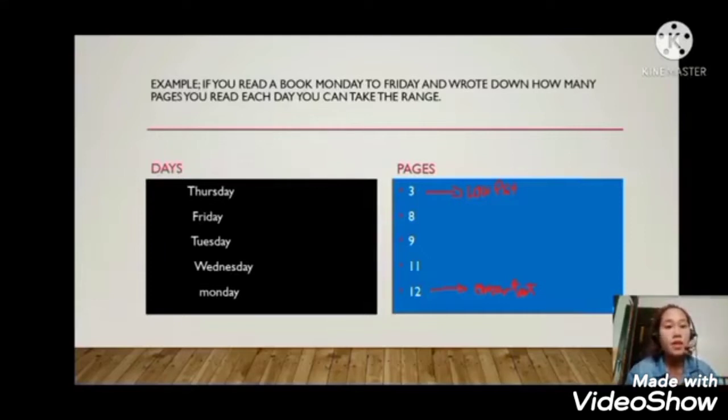We have here Thursday, which is 3, Friday 8, Tuesday 9 pages, Wednesday 11 pages, and on Monday you read 12 pages. So we have to find the lowest and the greatest value. The greatest value here is of course Monday, 12, and the lowest value is Thursday, which is 3.